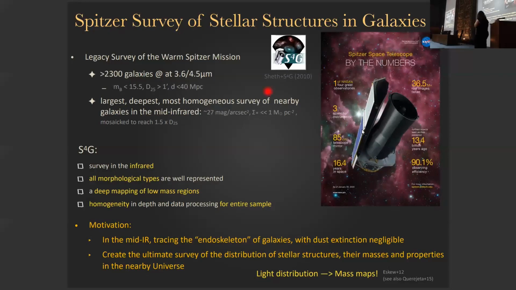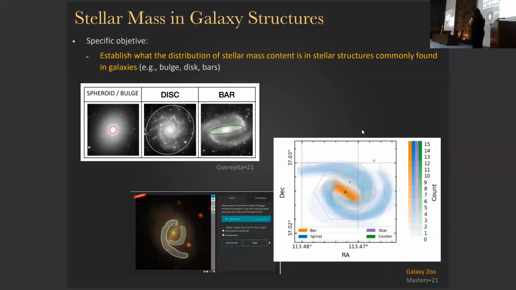And the motivation was really the possibility of transforming light to mass, motivated by the SEDs that I showed you, where that region, the mid-infrared between 3 and 5 microns, is a really sweet spot to look at stellar mass distribution.